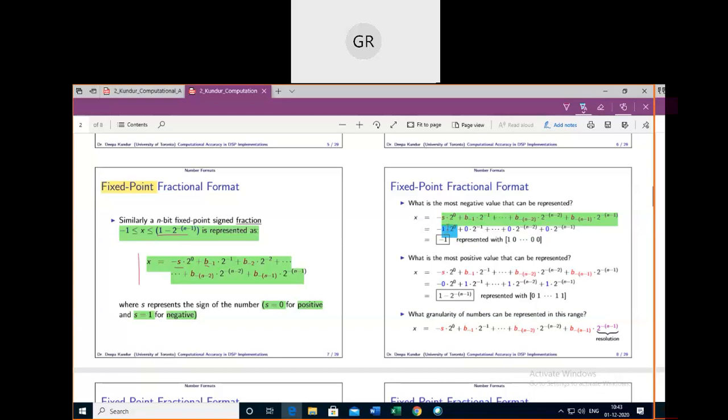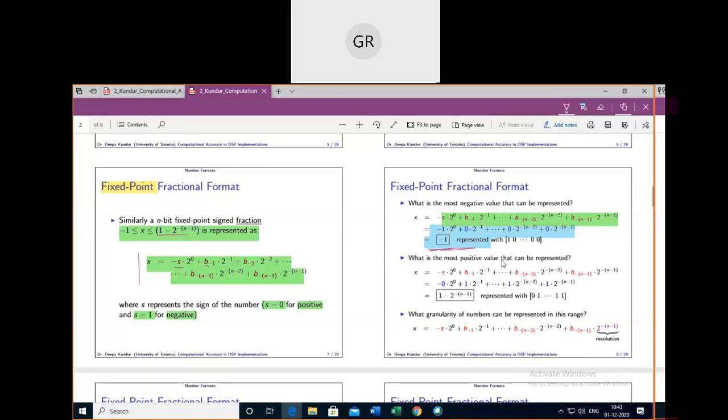Minus 1 means it's a sign bit. Then in all of b of minus 1, b of minus 2, b of minus 3 and so on, the bits are 0 only. Then the most negative value is minus 1. Just remember, this is very important.